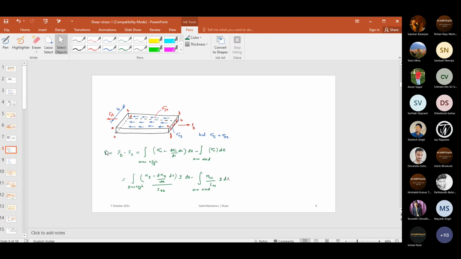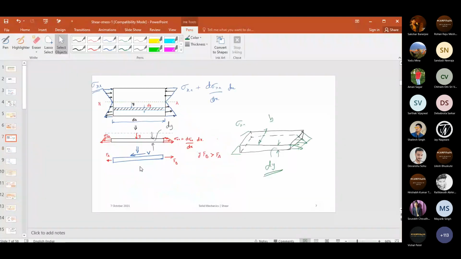Now, V, whatever we have drawn here. Sir, why is FB greater than FA? Which one? FB only I have written. Why is FB greater than FA? Because you have more stress here, isn't it? The area is the same. Okay, sir.